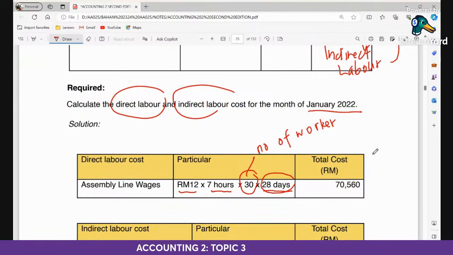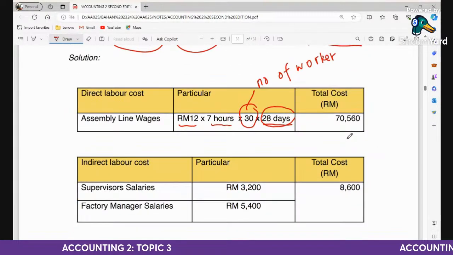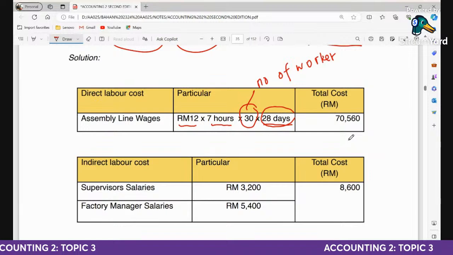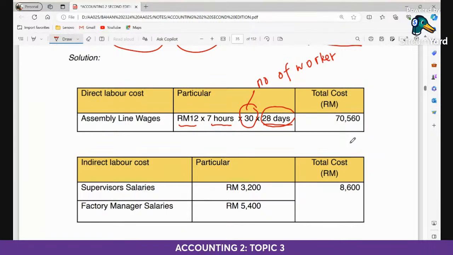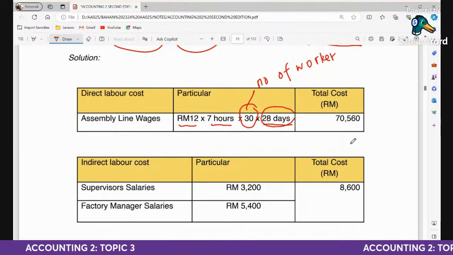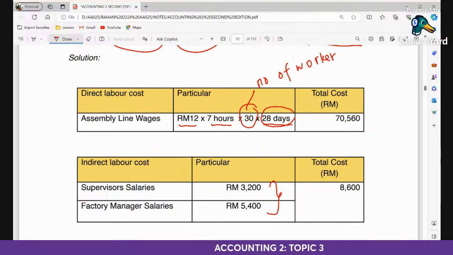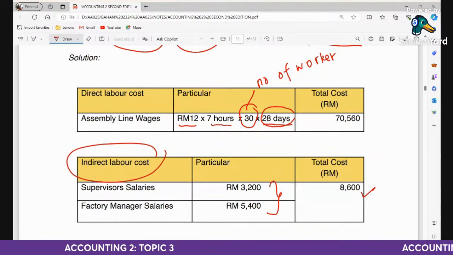Whereas untuk indirect labor cost, sebab dia adalah satu nilai fix untuk every month, so you only have one supervisor and then one factory manager. So 3,200 plus 5,400. So the total cost for your indirect labor ialah 8,600.